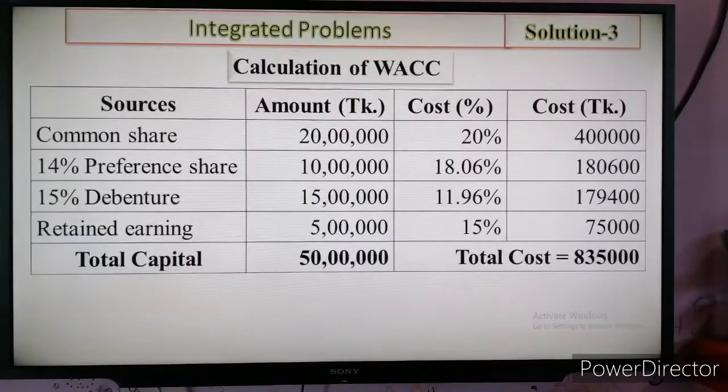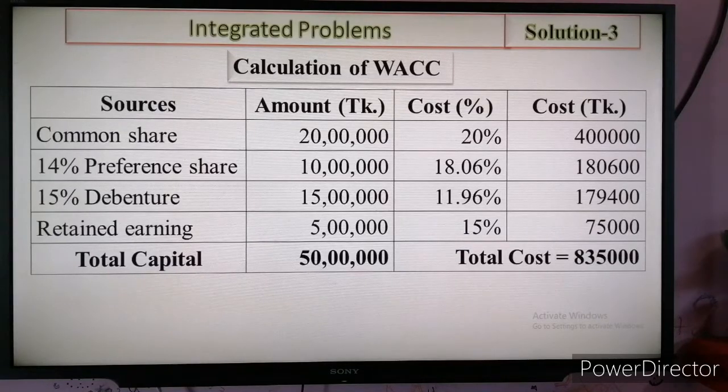Look how we solve the overall cost of capital or weighted average cost of capital. Sources of capital: common share 40%, preference share 15%, debenture, and retained earnings. Amount from the question, we have found total capital 50 lakh, and the cost we have calculated from different sources.